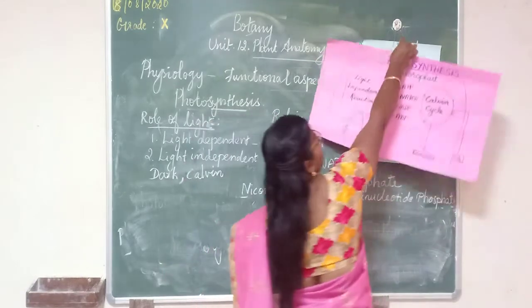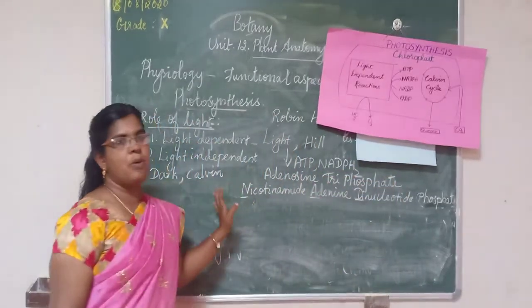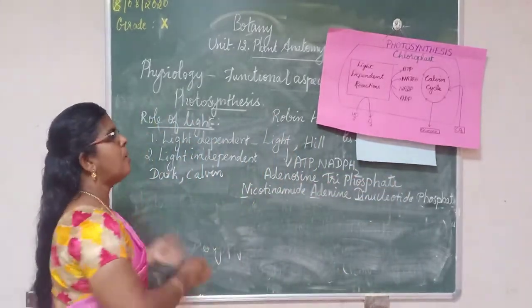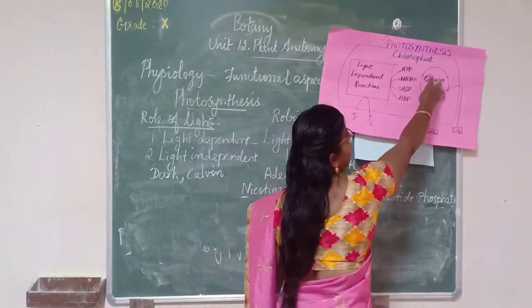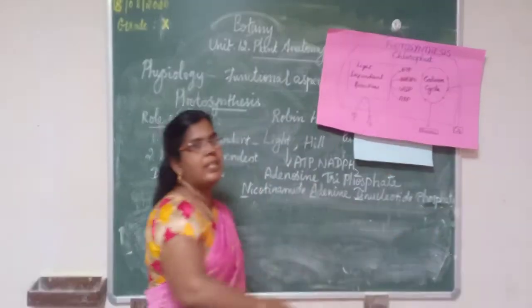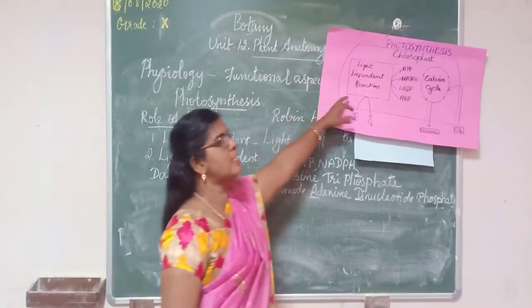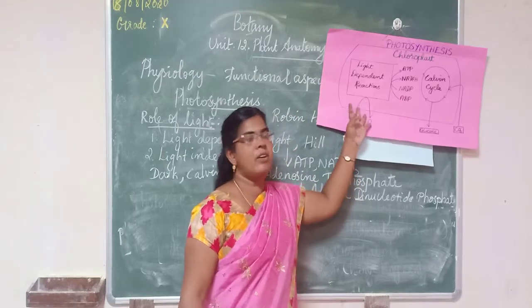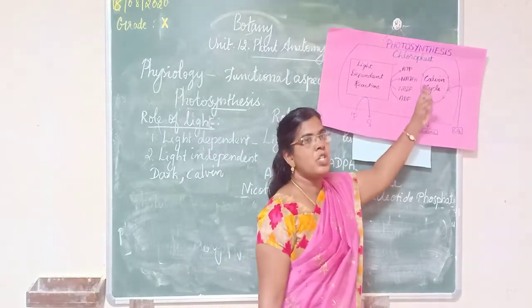So the dark reaction, or Calvin cycle, takes place inside the stroma of the chloroplast, whereas the light dependent reaction takes place inside the thylakoid membrane.